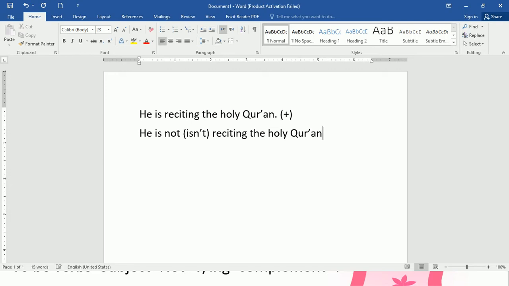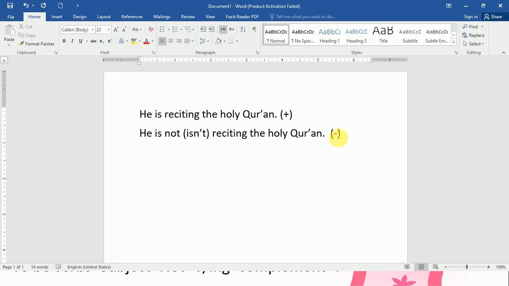Now this is the negative structure. Here we used not, right? It states something in a negative way: the negative structure of present continuous tense.